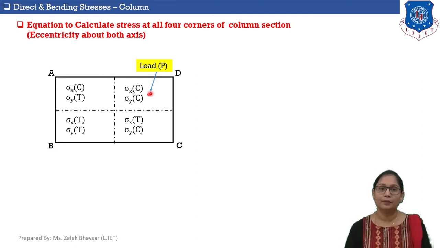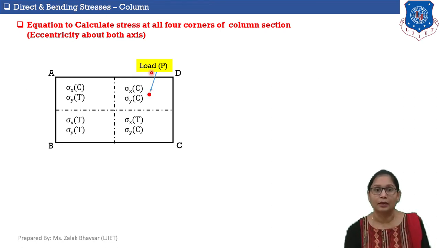Now, in previous sessions, we discussed eccentricity of the load about one axis only, which means the stresses developed in one direction only. Here in this case, eccentricity of the load is about both the axes. That's why in this condition, bending stresses will be developed in both the axes.